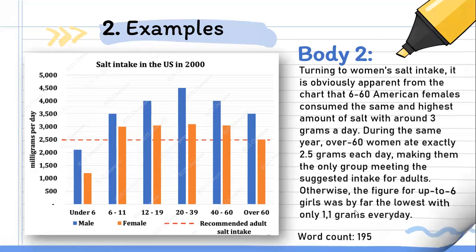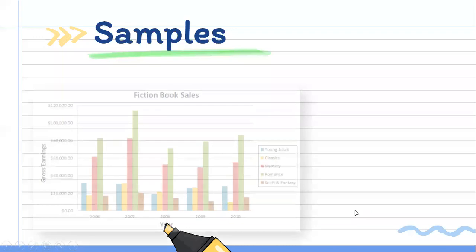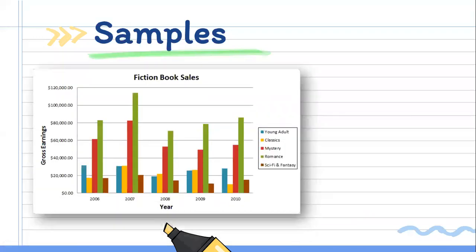So we can have the sample. Tell me the type of the graph and what information it gives. Jennifer? Jenny, I'm here. What type? I think it's the bar chart. The bar chart, so is it type 1 or type 2?